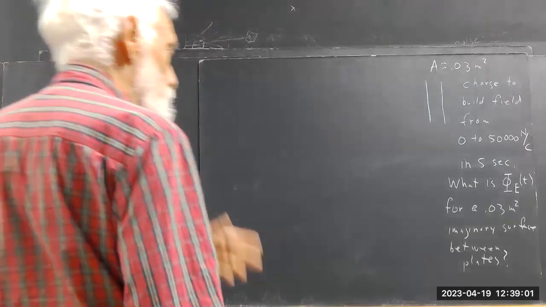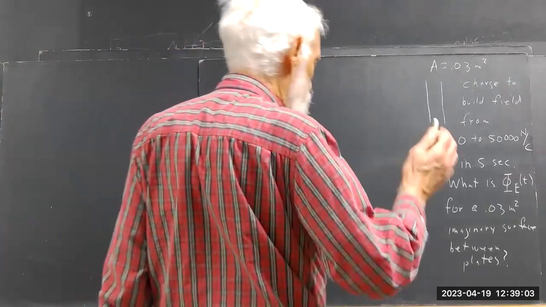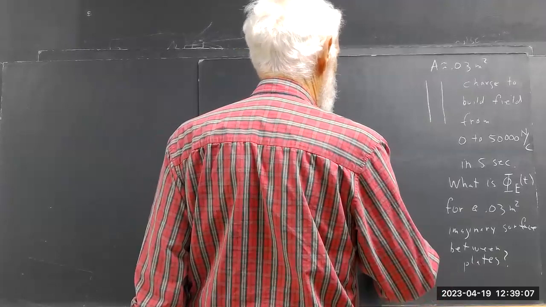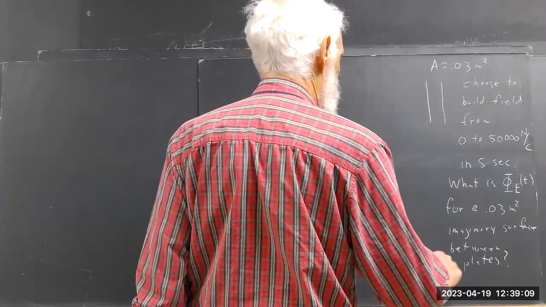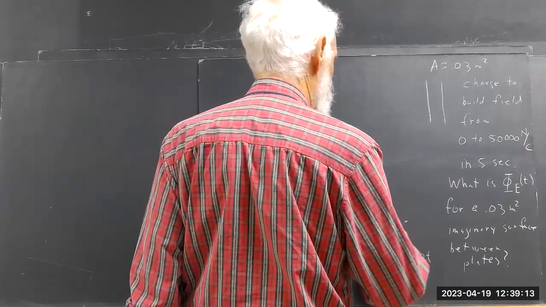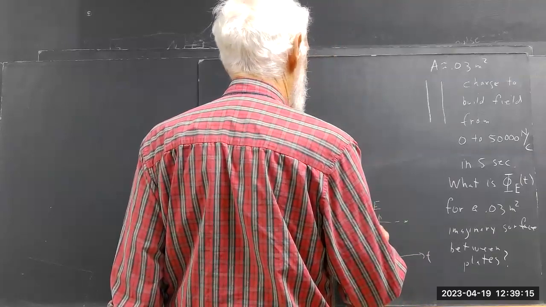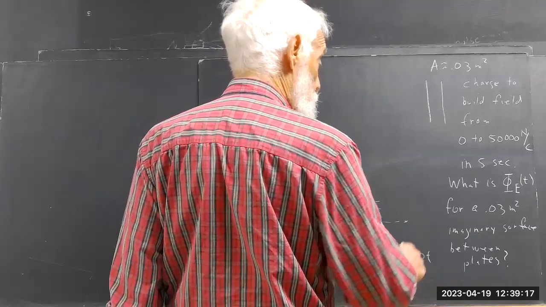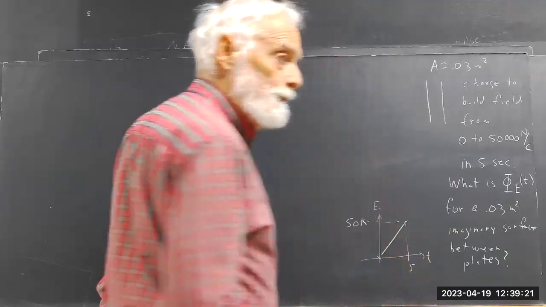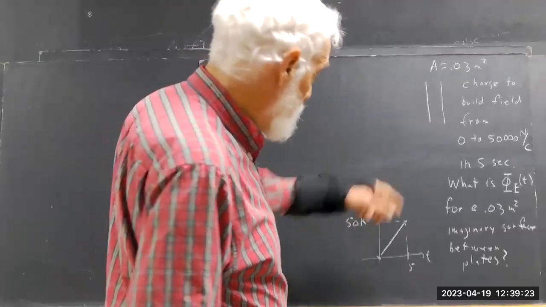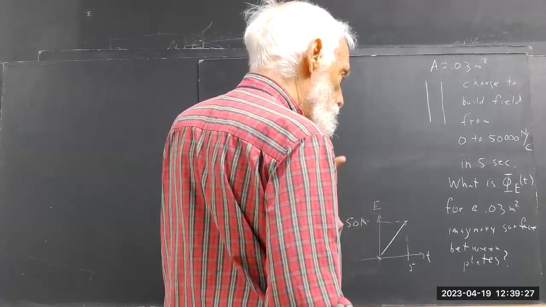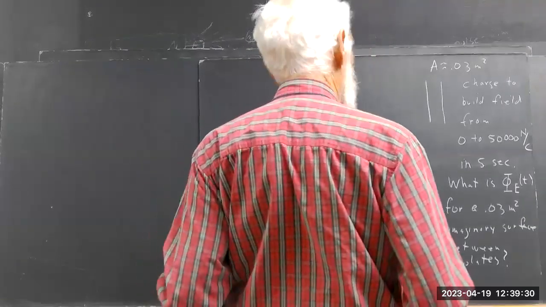Okay, well, let's do this real quickly. I think I saw one good solution out there. We could do electric field with time. It's going to go from 0 to 50,000 newtons per coulomb in 5 seconds. Meaning it's a straight line from here to here, with a slope of 10,000 newtons per coulomb per second.